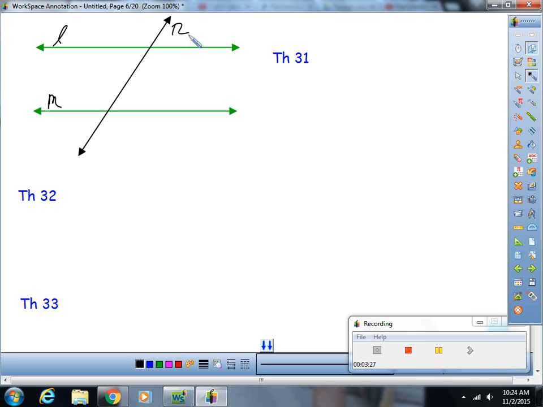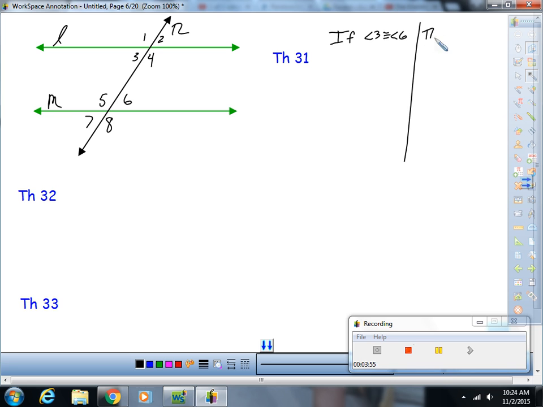Theorem 31 says that if alternate, so let's say 1, 2, 3, 4, 5, 6, 7, and 8. Let's say that we knew that angle 3 was congruent to angle 6. So if angle 3 is congruent to angle 6, then line L is parallel to line M. So this is how we prove lines to be parallel.